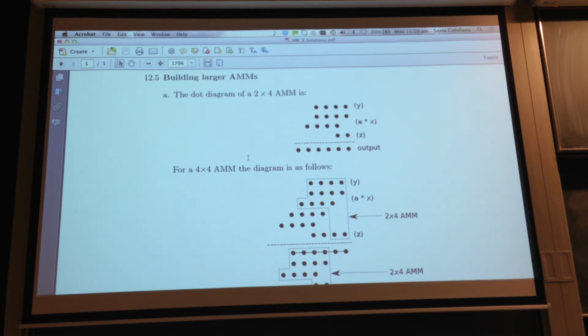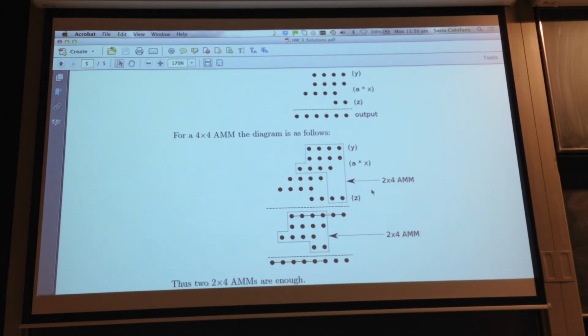This is the dot diagram for the 2x4, and this is the dot diagram of the 4x4. And I can try to cover parts of this diagram with 2x4, and this is 1, which is generating this, and now this is the second. Then 2 of them will be enough.